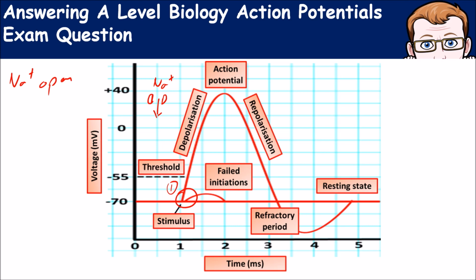And it's that depolarization that causes the action potential. So your depolarization is taking the voltage from minus 70 millivolts up to plus 40. After that we get repolarization where that refractory period is re-established.